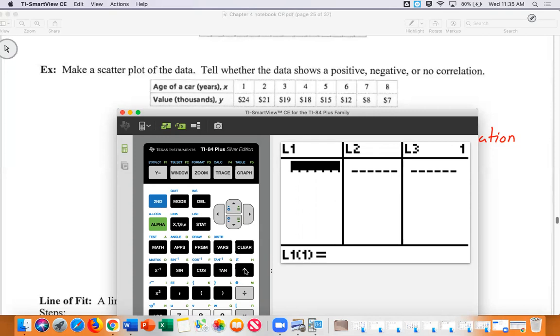Yeah. Unreal. All right. In L1, we're going to enter in 1, enter, 2, enter, 3, enter, 4, 5, 6, 7, 8. Your first column should read 1, 2, 3, 4, 5, 6, 7, 8.